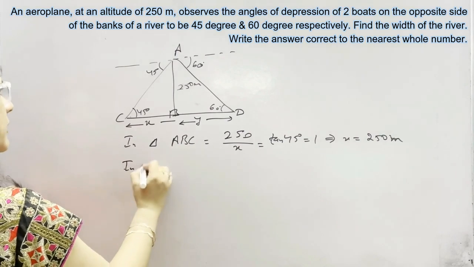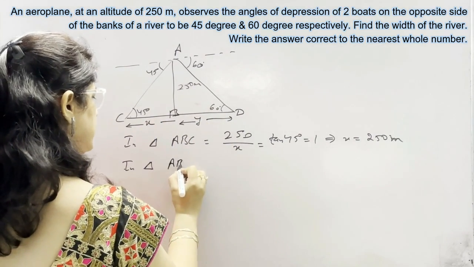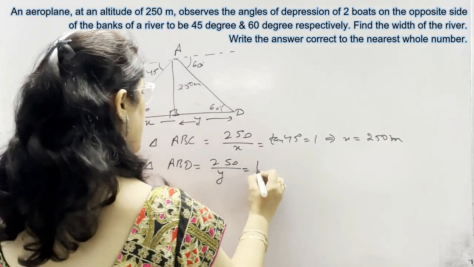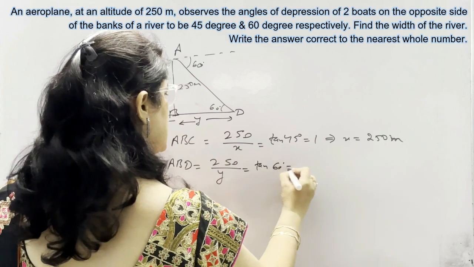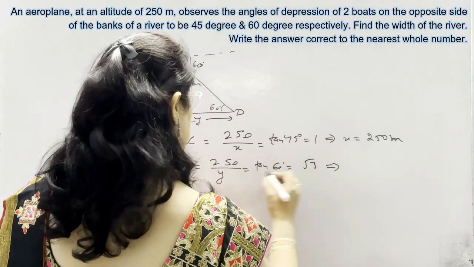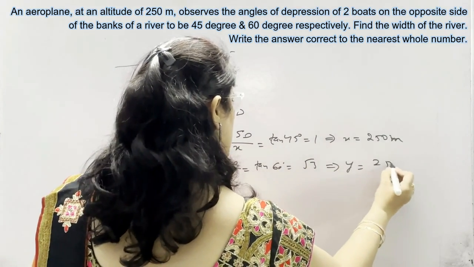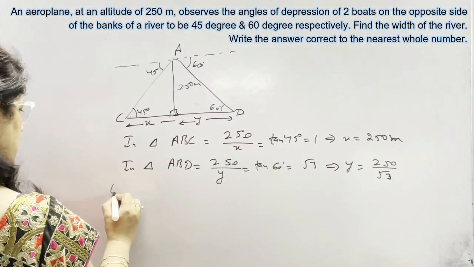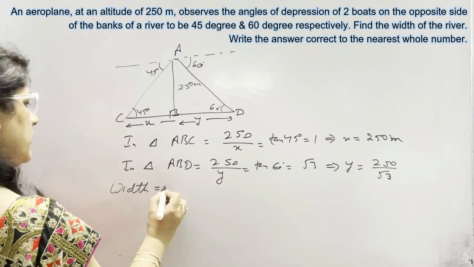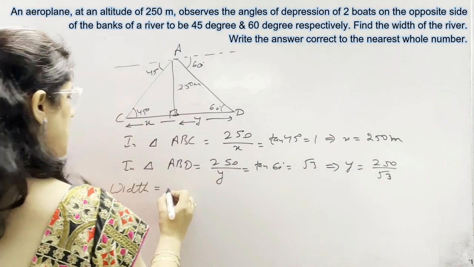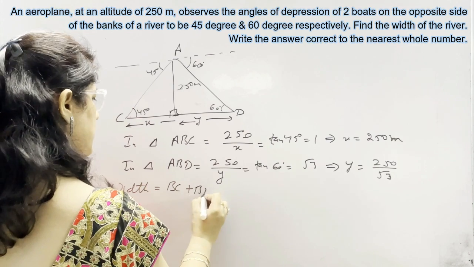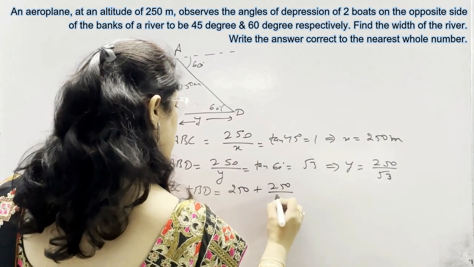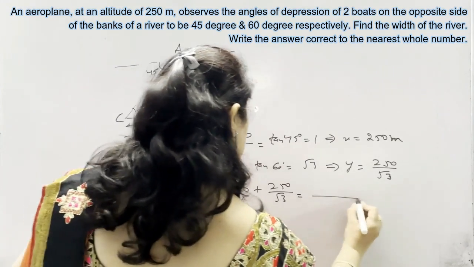Next, in triangle ABD, it is 250 upon y, and the angle is given as tan 60. It means root 3. So y is equal to 250 upon root 3. Now the total width of the river is BC plus BD. It means 250 plus 250 upon root 3.